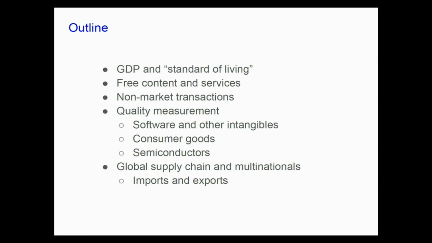We heard about this from Eric and others yesterday. A little bit about free. I like to say GDP has a hard time with free. And non-market transactions, quality measurements, and global supply chain issues, because I think these are at the forefront of at least my understanding of what's going on in terms of challenges from high tech to national income accounting.